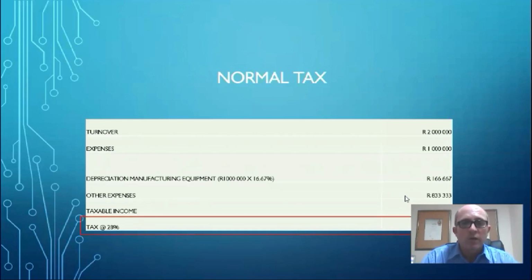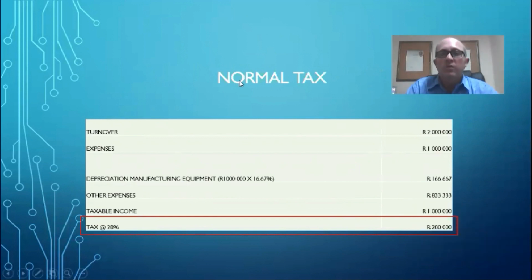So here's my little example. Let me just get myself out of the way here so you can see exactly how this works. So under normal circumstances, under normal income tax, if you have a turnover in my example of 2 million rand and you've got expenses of 1 million rand, of which you can see the depreciation on the manufacturing equipment, remember we were talking about the sewing machine.